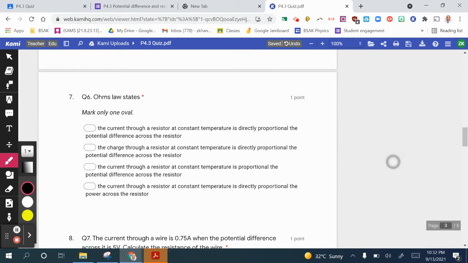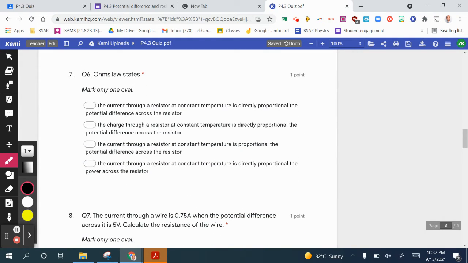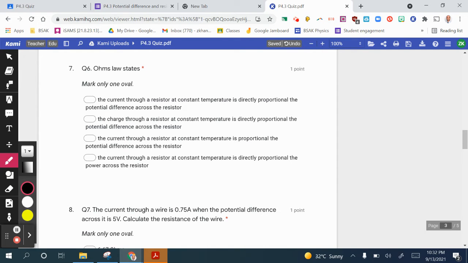Question 6. So what does Ohm's law state? Let's read through here. The current through a resistor at a constant temperature is directly proportional to the potential difference across the resistor. That sounds right straight away.